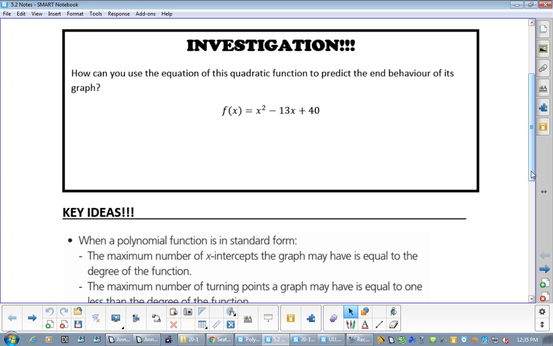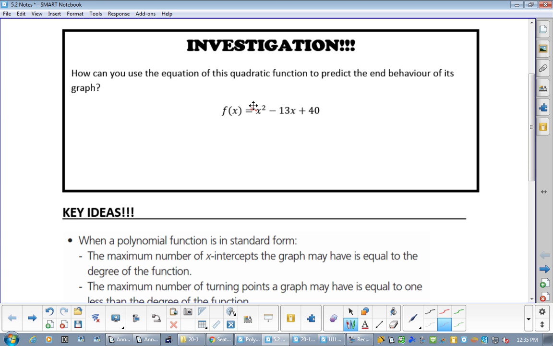So if we just look at this one here, x squared minus 13x plus 40. Now, by looking at this, remember there's an a value in the front. Doesn't look like it, but it's right there. There's an a there.